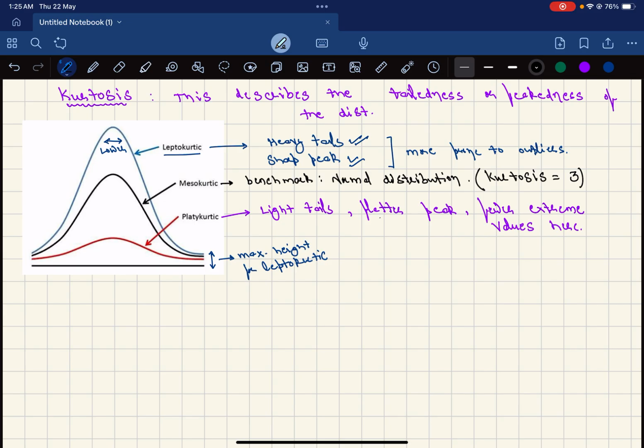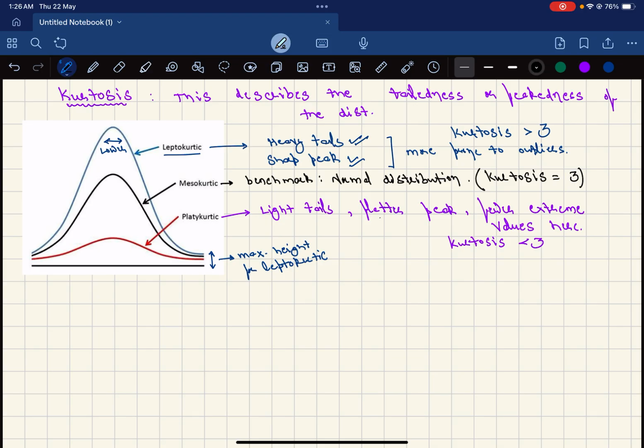And for a leptokurtic distribution, the kurtosis value is greater than 3, and for a platykurtic distribution, the kurtosis value is less than 3.